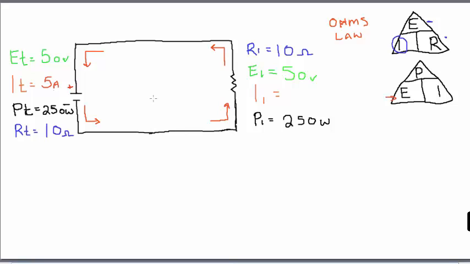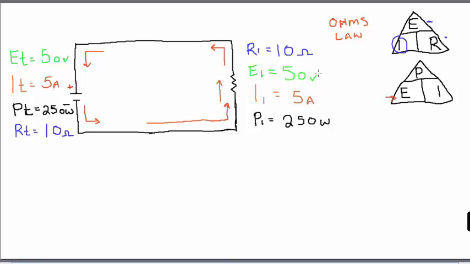And because I only have one path for current to flow in this circuit, my total amperage must equal my amperage going through this resistance. All that current must go through that resistor. So the total amperage of 5 amps must equal the 5 amps for resistor 1.